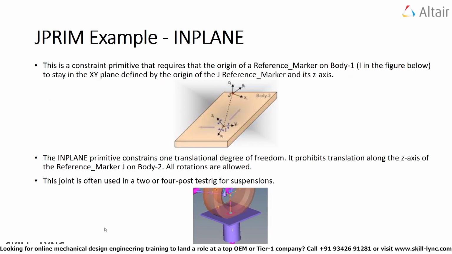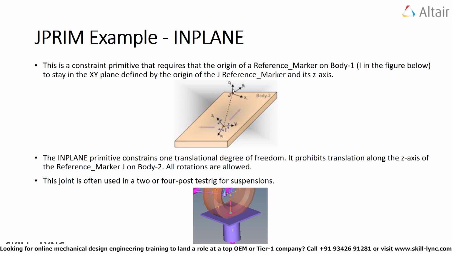In this slide, I will explain one of the popular JPrims, that is the in-plane JPrim, in detail. This is a constraint primitive that requires that the origin of the reference marker on body 1 in the figure, which is shown in this slide, stay in the XY plane defined by the origin of the J reference marker and its Z axis.